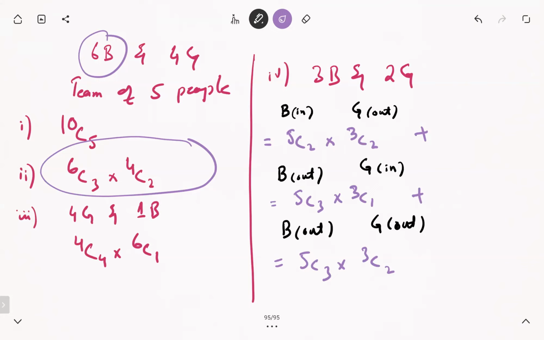Download the worksheet with the name Permutations and Combination, Chapter 2.